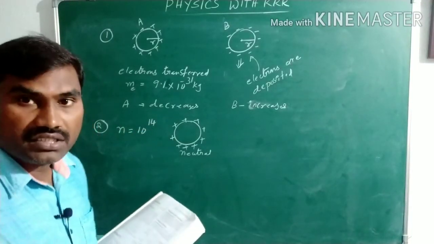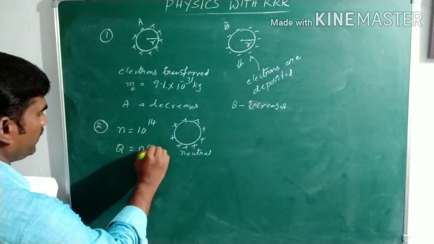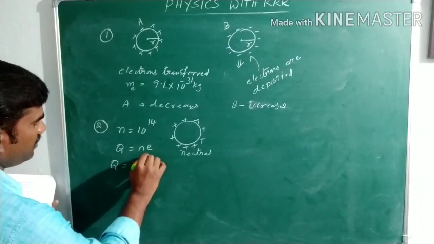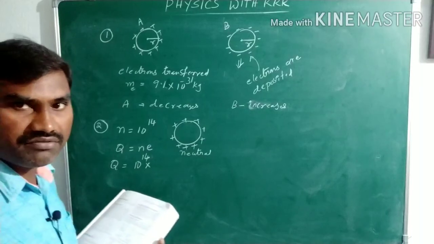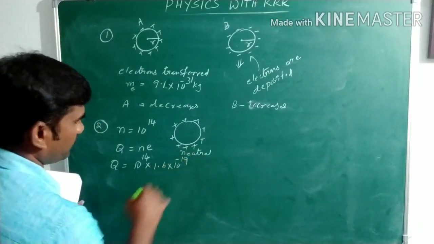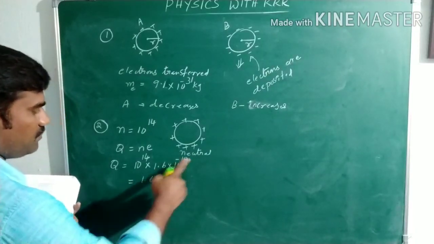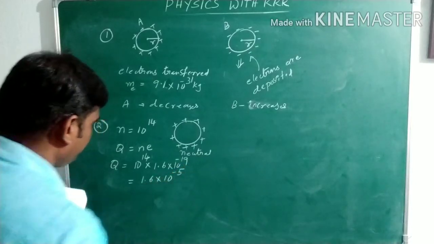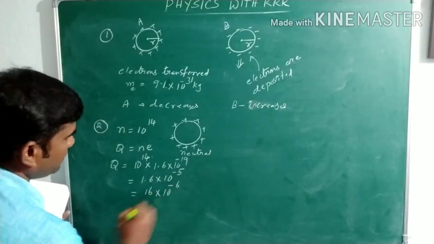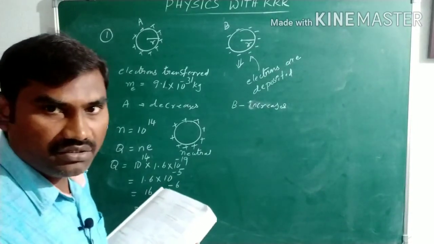According to the quantization condition, Q is equal to Ne. That means Q is equal to N, which is 10 power of 14, times e, the basic quantum of charge, which is 1.6 into 10 power of minus 19. This will be 1.6 into 10 power of minus 5, that is 16 into 10 power of minus 6, so 16 microcoulomb.